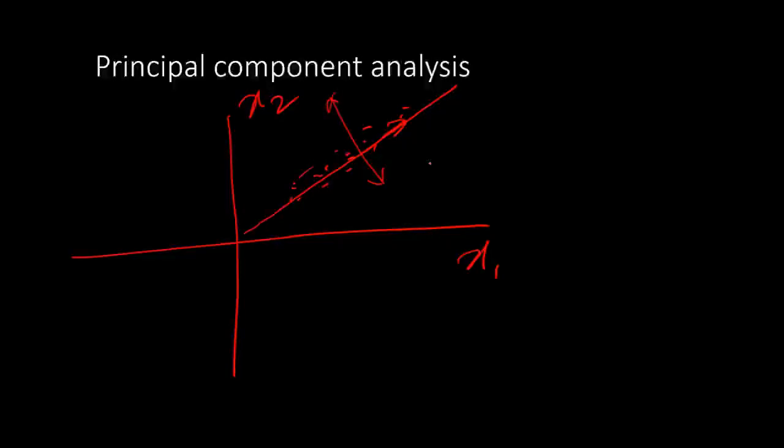So basically what we do is we take the covariance matrix of x1 and x2. First we centralize them, subtracting the means, then we take their covariance matrix, and we find the eigenvectors corresponding to the highest eigenvalues, and then we reproject the variables onto a single eigenvector.